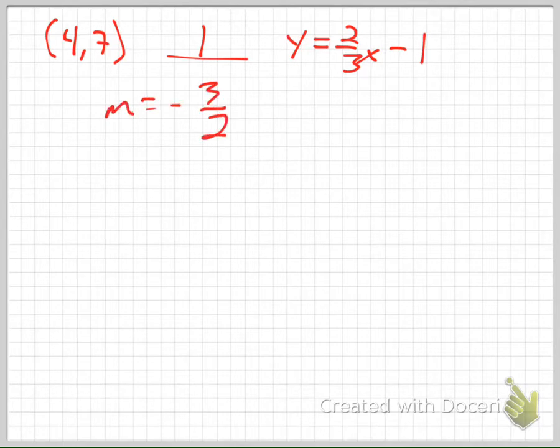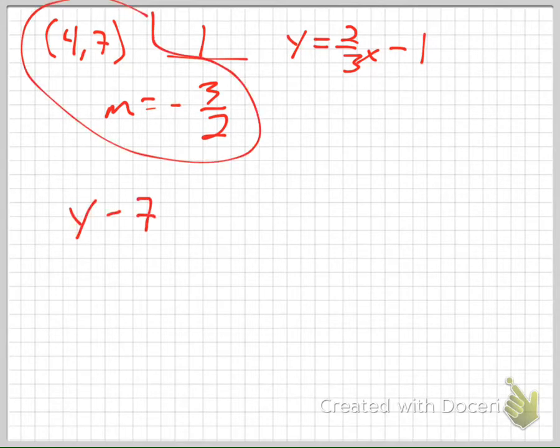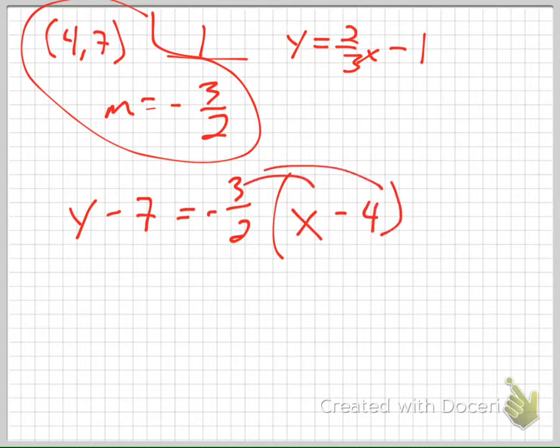Agreed? Now all we care about is this, which is normal. y minus 7 equals -3/2 times (x minus 4). y minus 7 equals -3/2 x, and then that is, again, a positive 6.